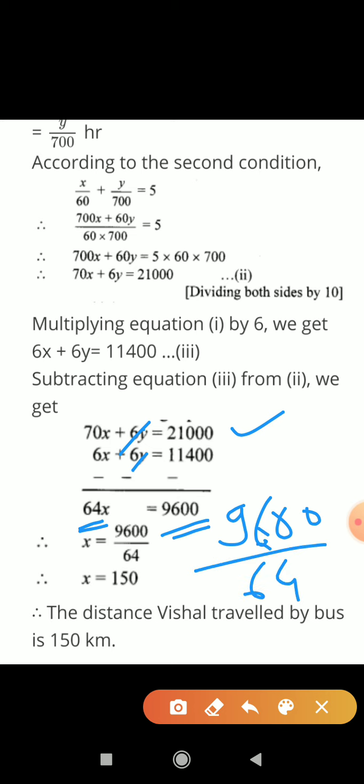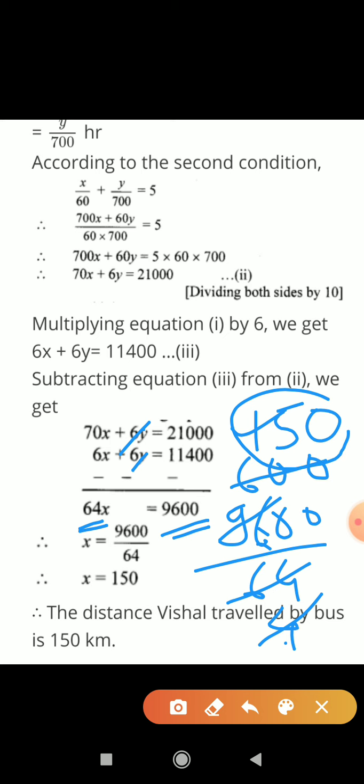We can divide by 16, so 16 fours are 64, and 16 times 6 is 96, so thus we get 600 divided by 4. If we divide this 600, 4 ones are 4, remaining 2, 0 become 20, 4 fives are 20, and this 0, so thus we get the answer 150.